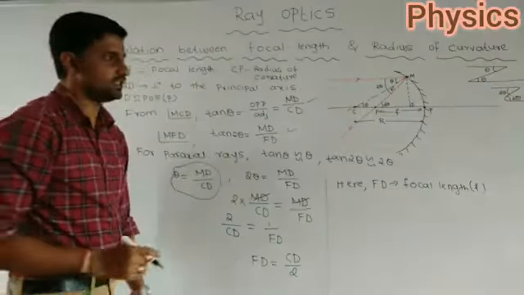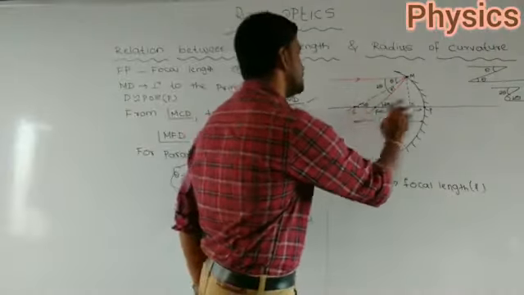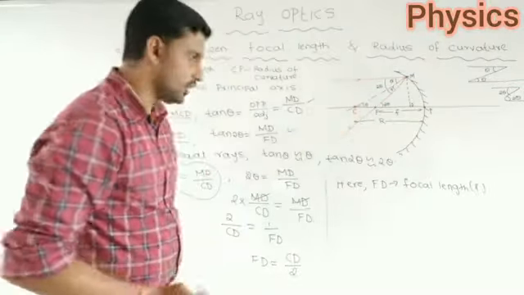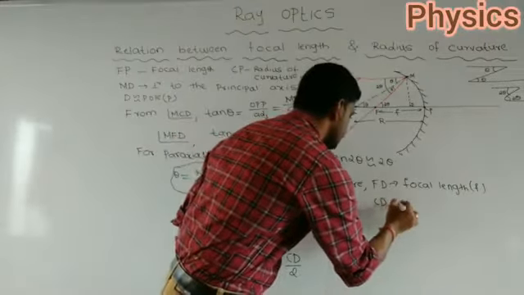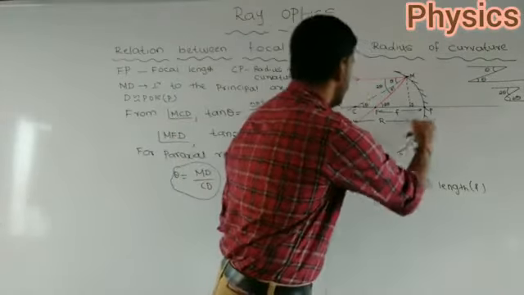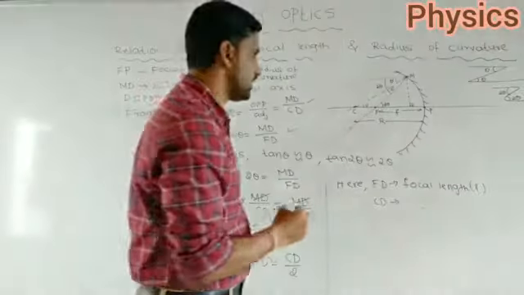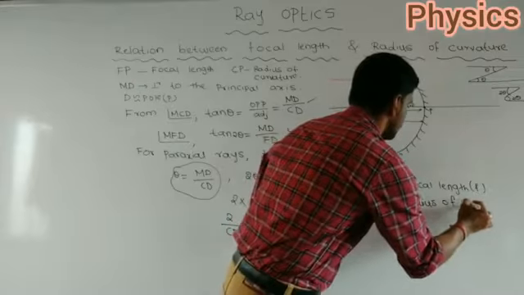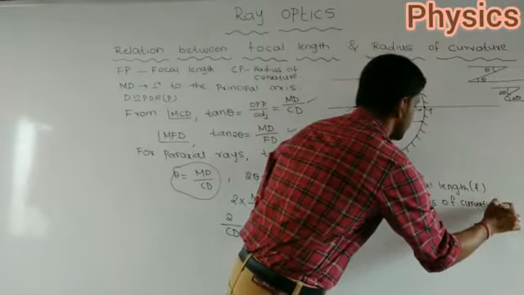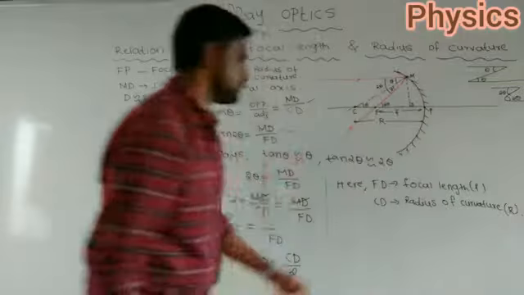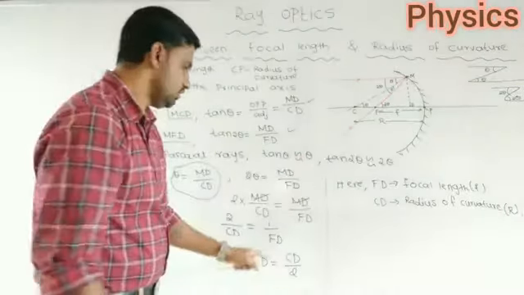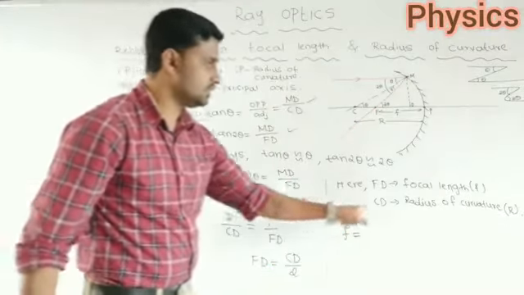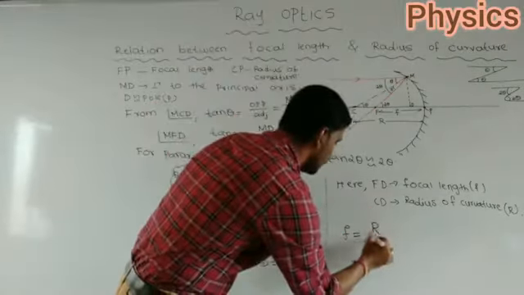Then what do you mean by CD? CD or CP, that is the distance from the pole to the center of curvature, which is called the radius of curvature, that is R. If I substitute these two terms here, I will get FD is nothing but F, the focal length, is equal to CD, which is R, divided by 2.